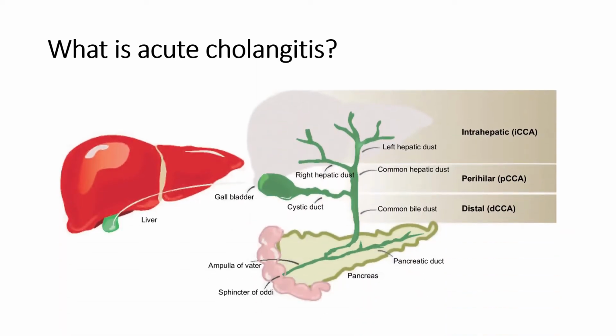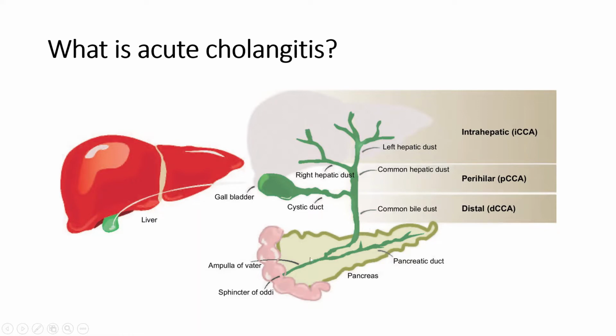So let's see the anatomy to make things more clear. The intrahepatic left hepatic duct and right hepatic duct will form the common hepatic duct, the perihilar area. An extension of the gallbladder, which is the cystic duct, will combine with the common hepatic duct and form the common bile duct.